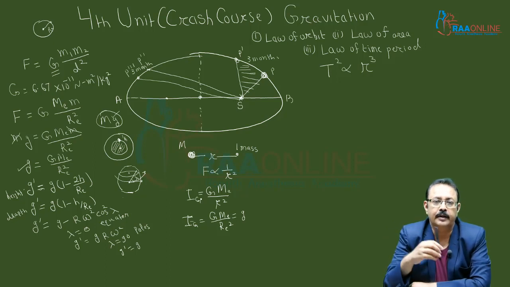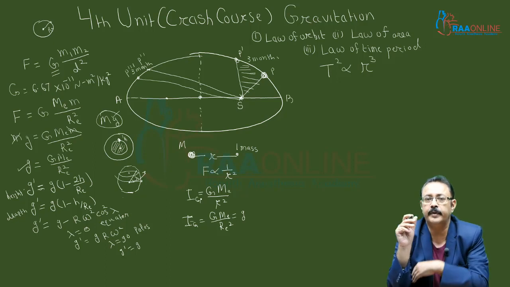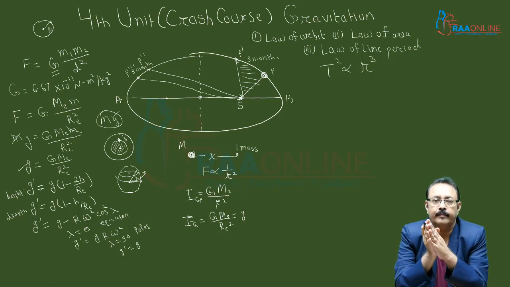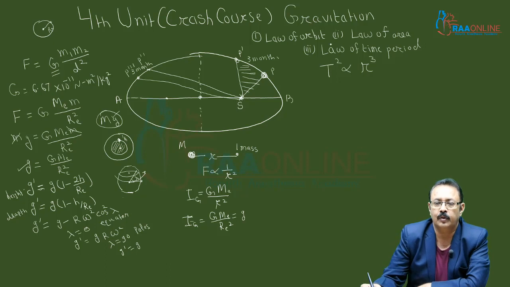Like the electric field, you can calculate the gravitational field. Gravitational potential means work done in bringing a unit mass from infinity to that point. So like that, when you calculate, you will get gravitational potential, minus G m upon r. If we are talking about Earth, at Earth's surface it is this.